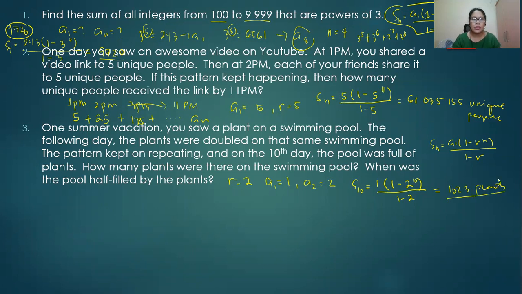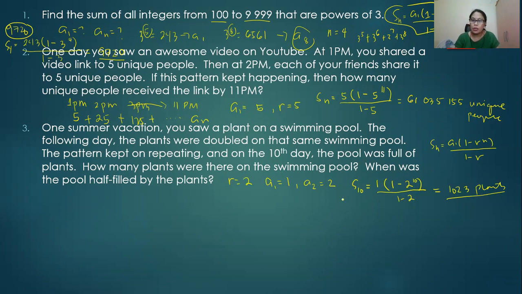And this gives us 1,023 plants. Now, the second question is, when was the pool half filled by the plants? Since the common ratio is 2, the following day it's doubled, no? So every day the plants are being doubled. If on the 10th day the pool was full of plants, then a day before the 10th day, it will be half filled. So it has to be on the 9th day.